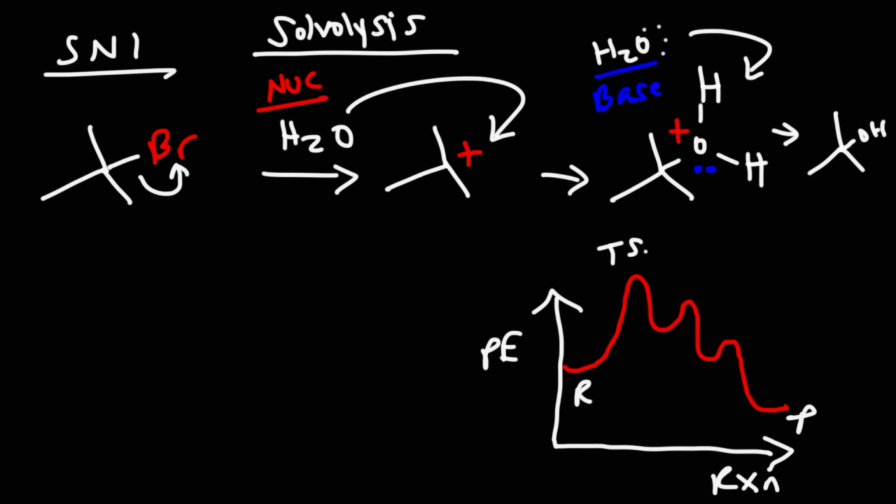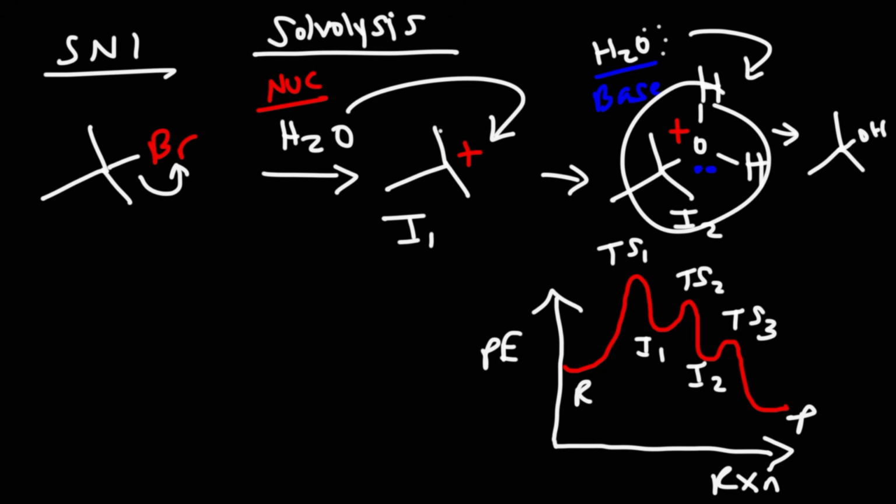So because we have 3 steps, we're going to have 3 transition states. This carbocation intermediate is the first one, and this oxonium intermediate is the second one. Notice that this intermediate is lower in energy than this one. Intermediate 2 is more stable than intermediate 1.